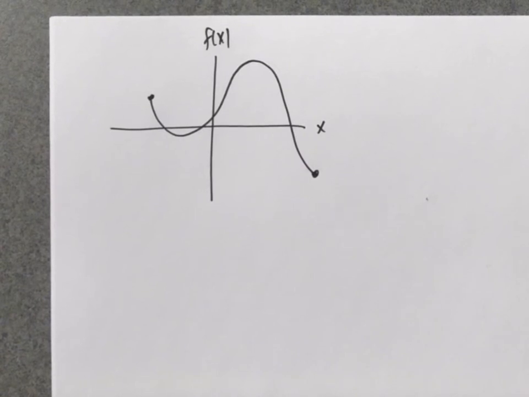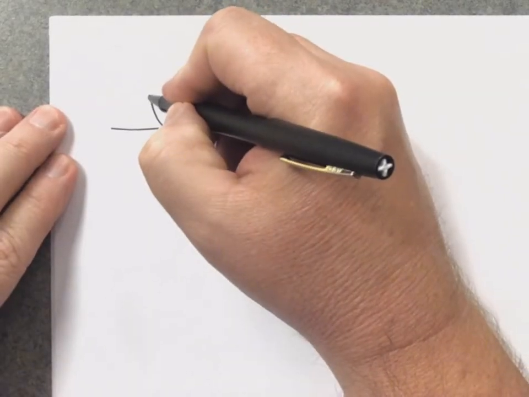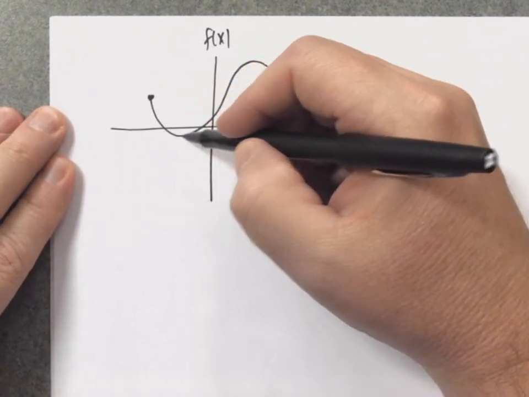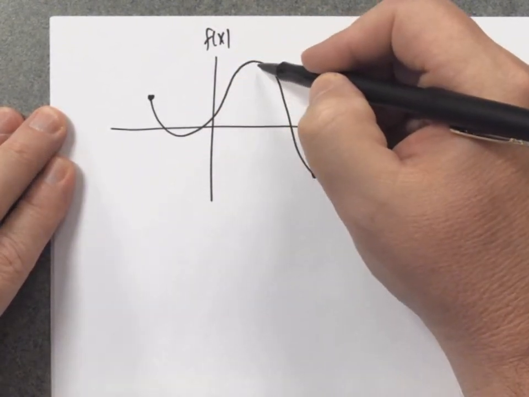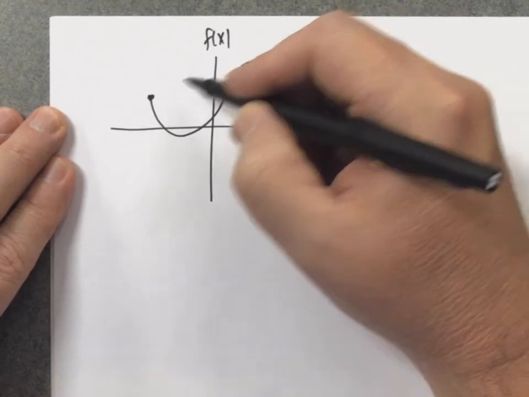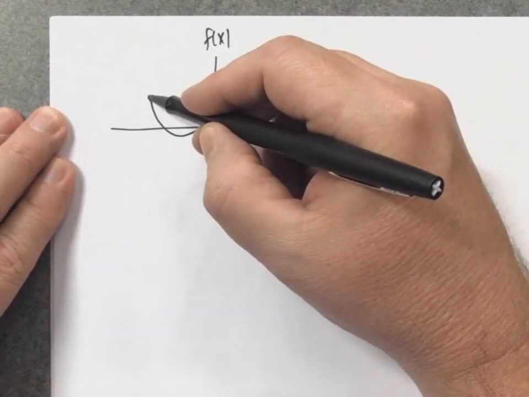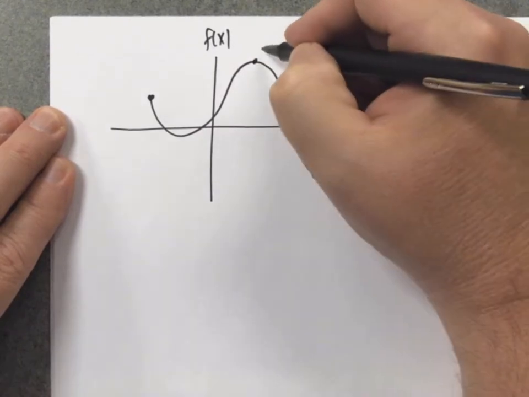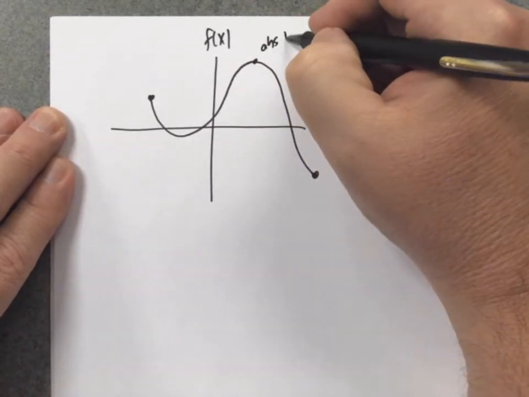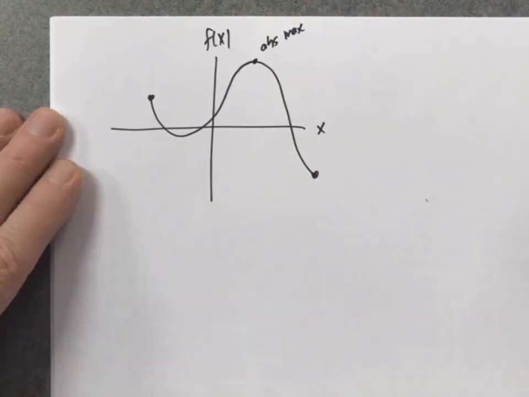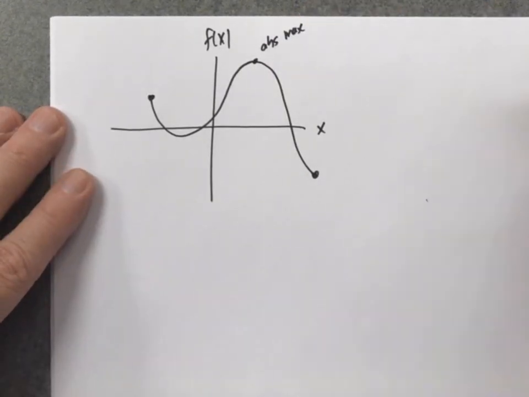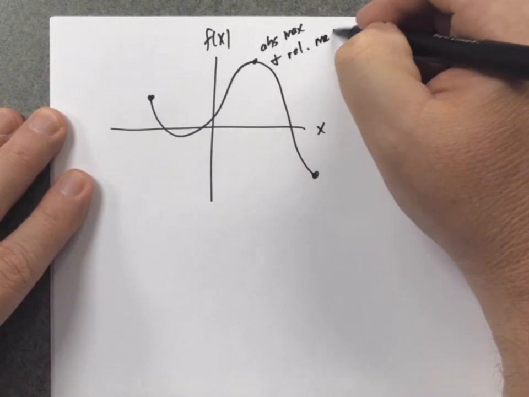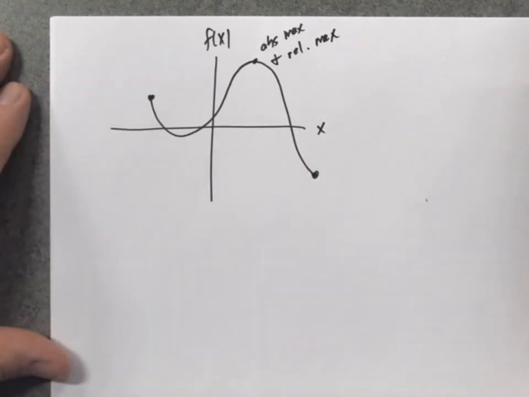Well, absolute max and min. Well, I got this point here. Is this the highest point on the whole graph? Actually, it's not, because look at over here. When I get over here, it's actually higher up than here. So really, this point is the absolute maximum. And you know what? It's also the relative maximum.